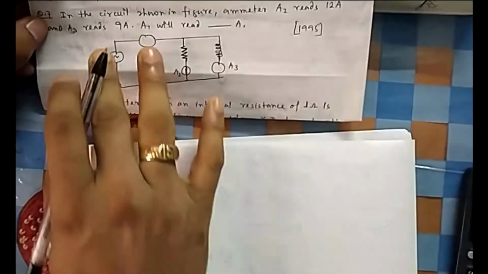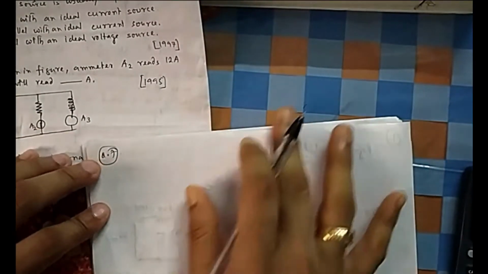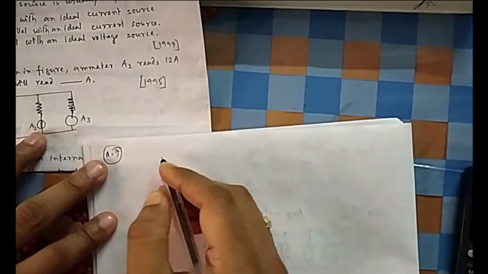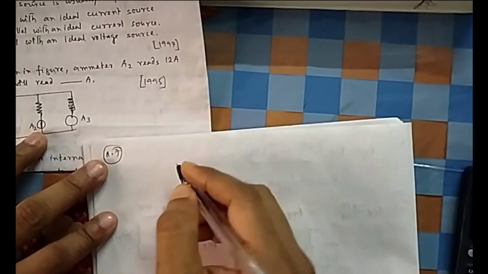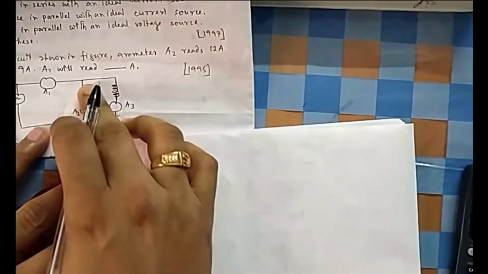In 7, in the circuit shown in the figure, A2 reads this much and A3 reads this much, and they are asking what A1 will read. A2 is the current through the resistance, so A2 reads 12 ampere. I take I2 as A2, this is I3, and this is your I1. I2 is the current through the resistance.